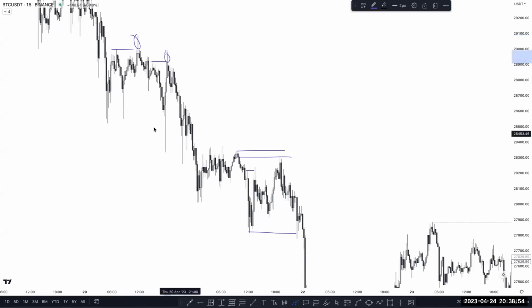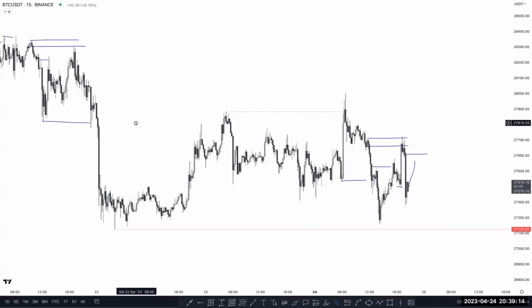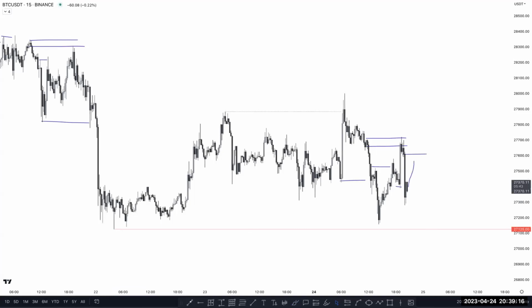Sweep, sell. But when the low is swept, the market gives momentum for the short term to the upside because the trend is bearish. Sweep, short term move. When the high is swept, then the market gives momentum to the downside.